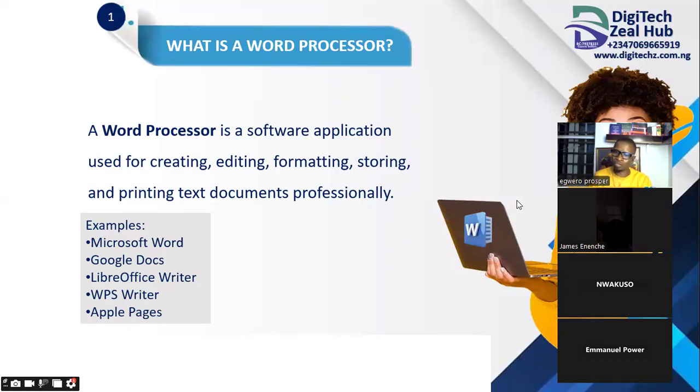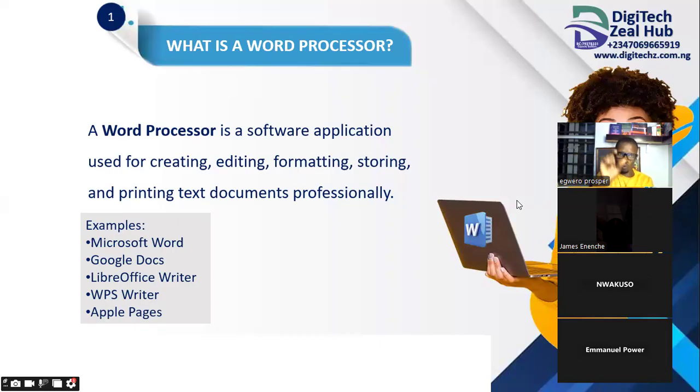PowerPoint is the same, because sometimes when you go for an interview, I've been opportune as a tech consultant. I've recruited staff for companies, and I know the kind of questions I ask. And sometimes it baffles me when people fail just simple questions. Just imagine you are asking somebody which technology tool do you use to process a letter? So they are expected to use which application? They want you to mention MS Word.